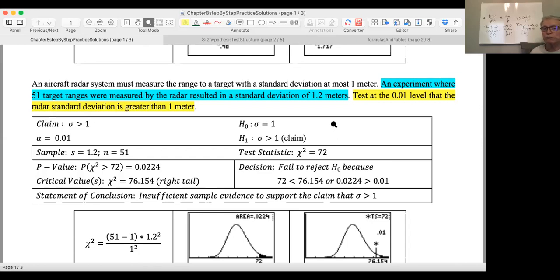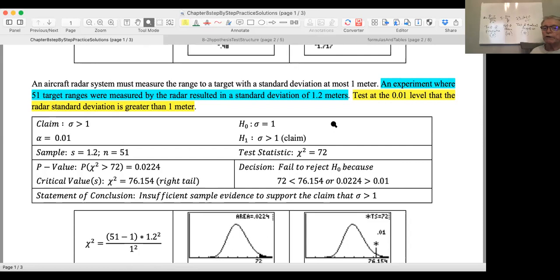That's our assumed value of the standard deviation. And in the problem, I've highlighted in blue the words that talk about the sample and the calculations from the sample. You'll have to identify that in every problem when we're doing hypothesis tests. An experiment where 51 target ranges were measured by the radar resulted in a standard deviation of 1.2 meters.